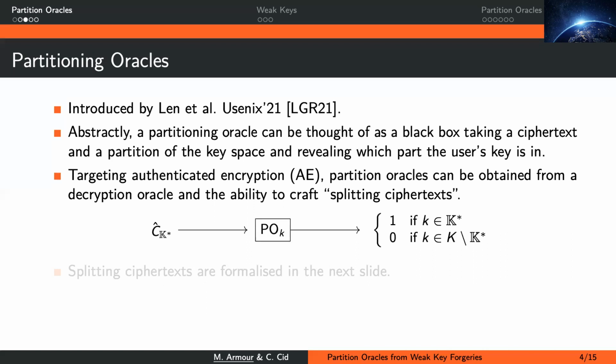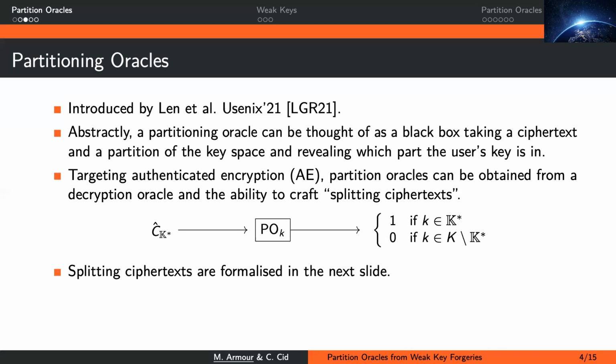The idea is that you have a ciphertext that would decrypt under any of the keys in a set of target keys, K star. When that ciphertext is sent to a decryption oracle, observing that the ciphertext decrypts correctly tells you that the key is in K star, and if not, then the key is in the complement of K star. So you've partitioned the key space.